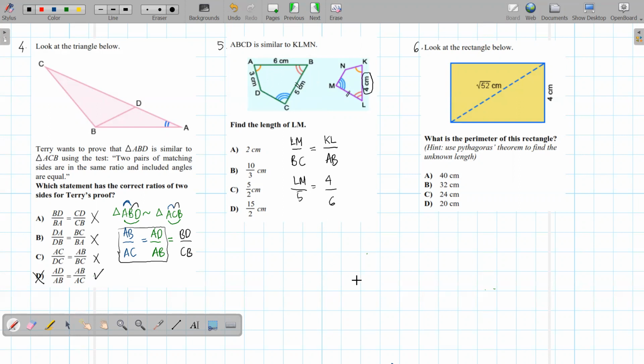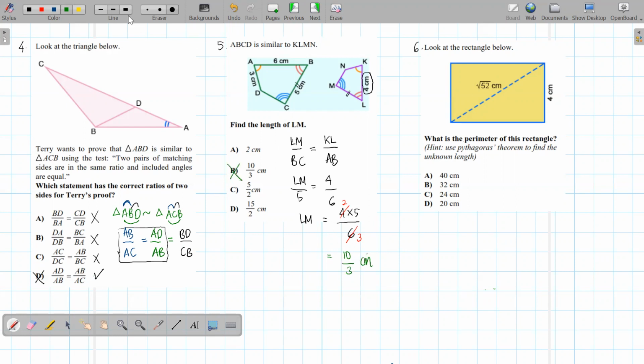Therefore the length of LM is 4 times 5 over 6. We simplify by dividing by 2, so we get 2 and 3. So the answer will be 10 over 3 centimeters.